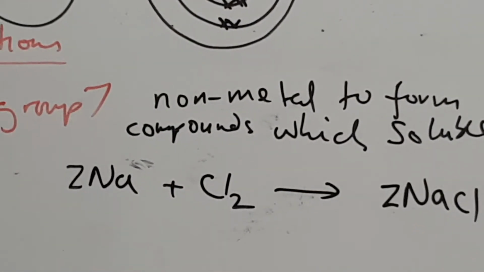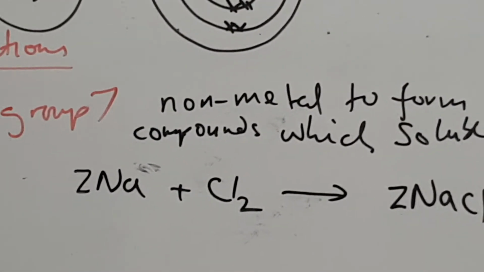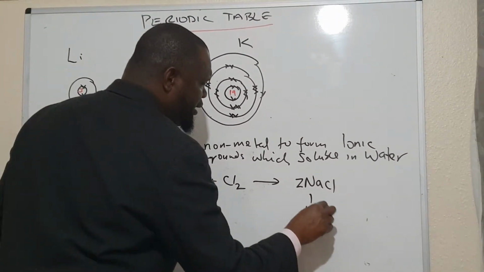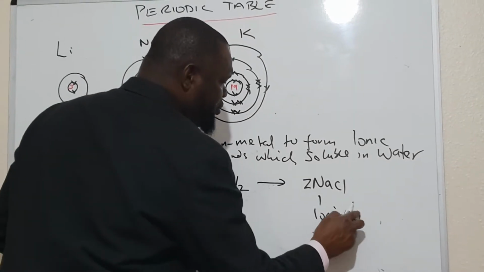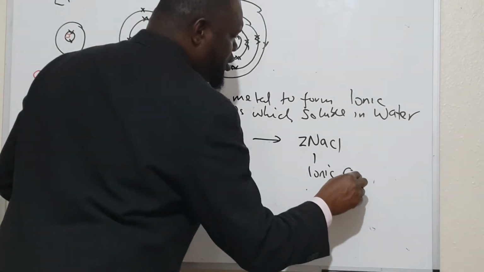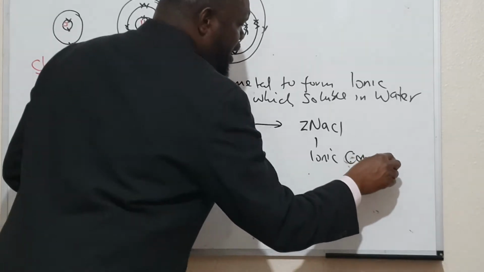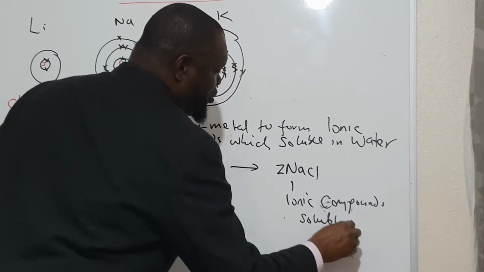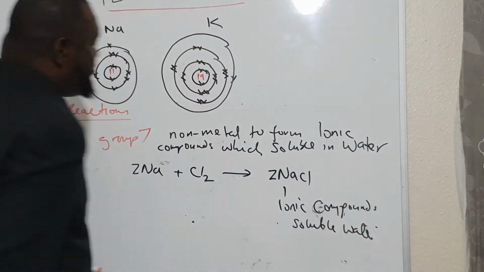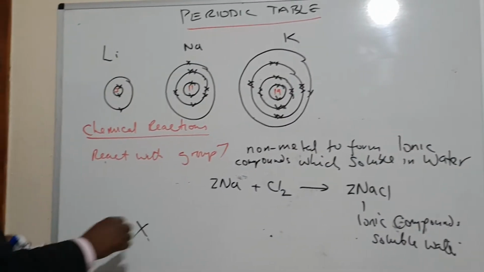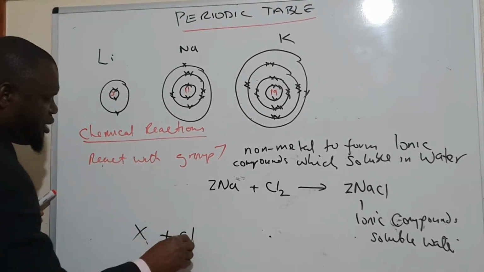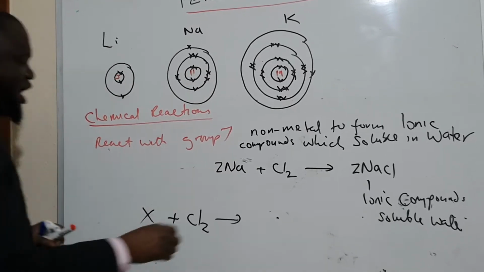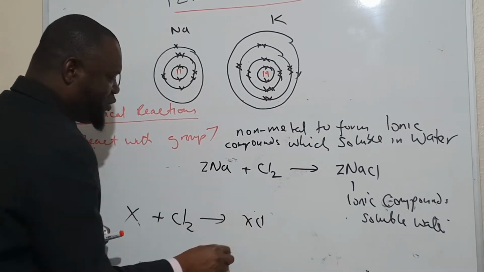Now, see, they form metal chloride, which are ionic compounds, and ionic compounds are soluble in water. So if you have a metal called X, that X reacts with chlorine, and you have X chloride, I don't know how it will be.